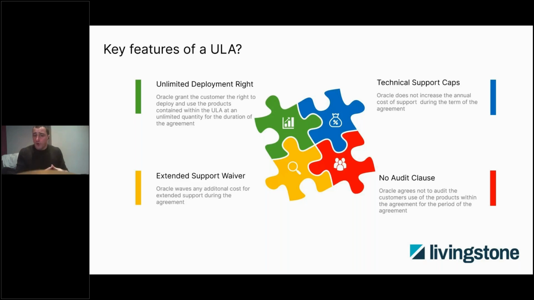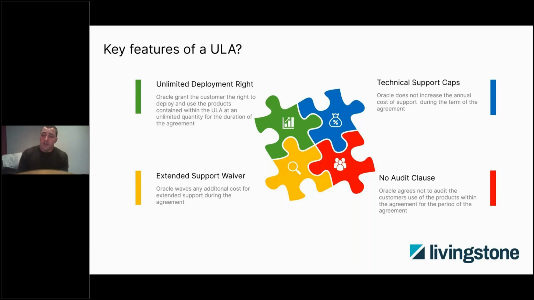Oracle support previously used to be 4% year on year. It was increased recently to 8% year on year. What Oracle say is, when you enter a ULA, we will keep your technical support level flat during the course of that ULA. That means your support doesn't go up 4 or 8% during that period, it remains flat.